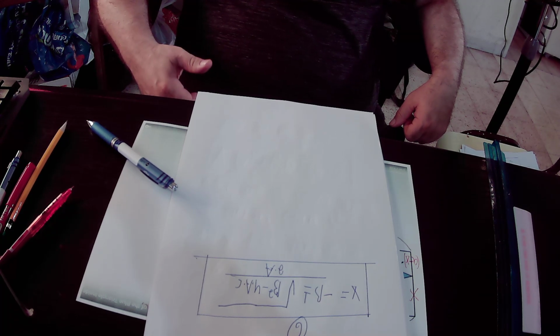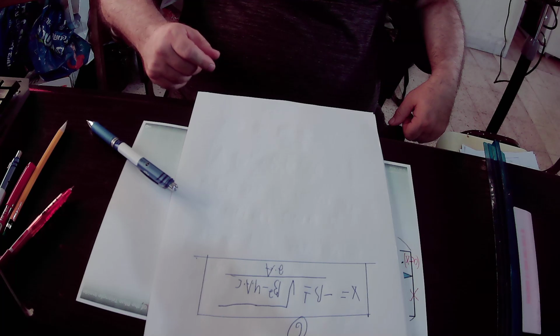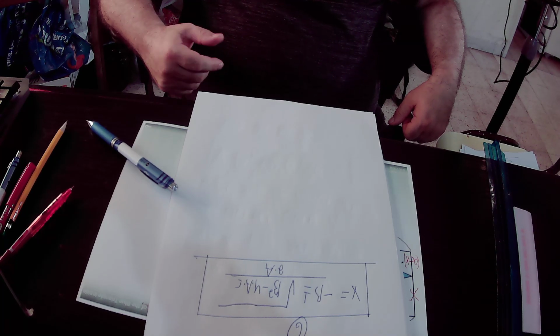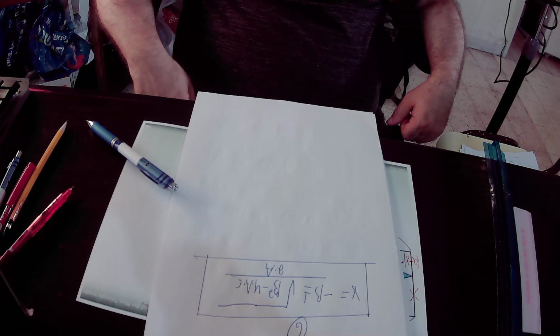So we will find the special values of a, b, and c in our specific quadratic equation, and we also find, of course, the value of the variable.